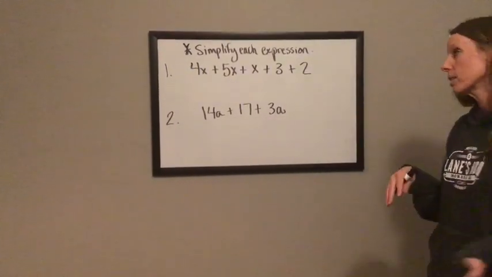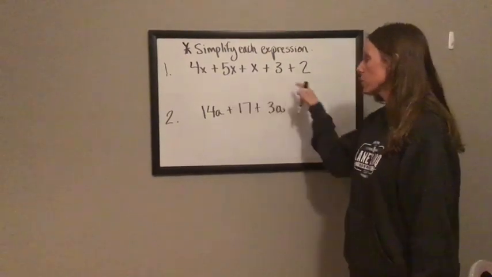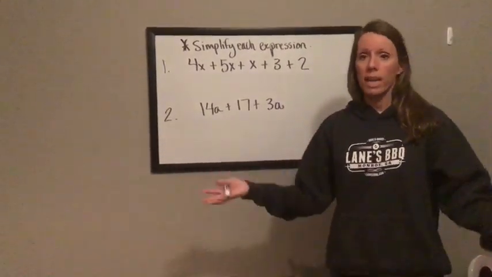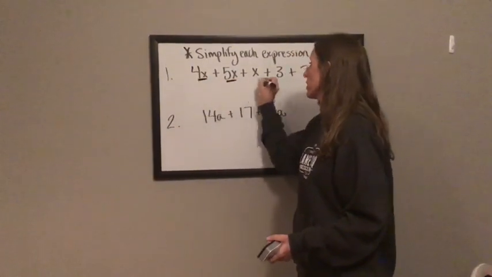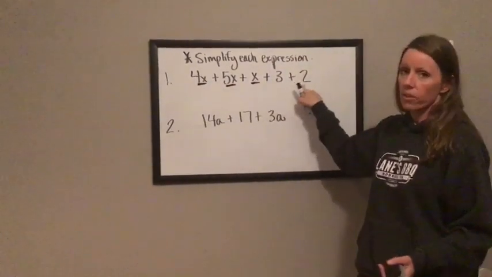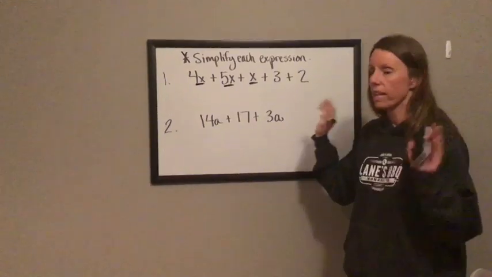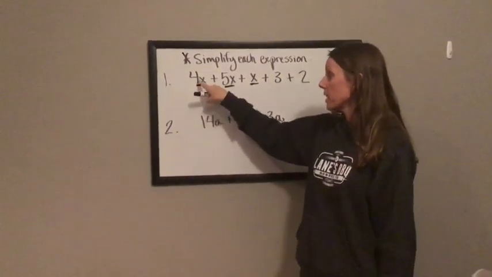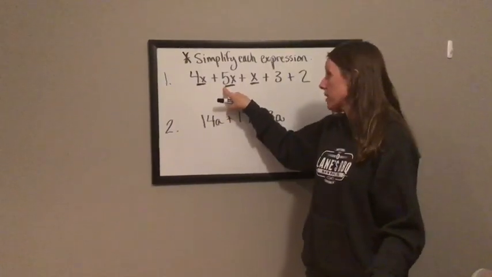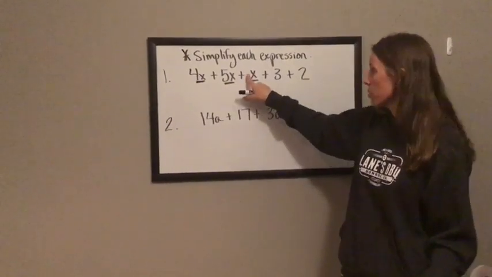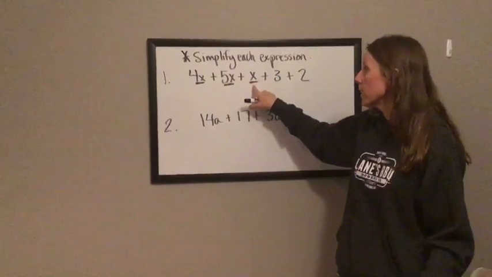Hopefully you've unpaused it and you're ready to work them. For the first one, x's only hang out with other x's. Here's an x, here's x, and here's x. These don't have variables, so they don't hang out with x's. Now I can combine these. If I have 4x's and 5x's, how many x's is that? It's 9 x's. And then I have another x here. Remember, there's a coefficient of 1 if we don't see it.